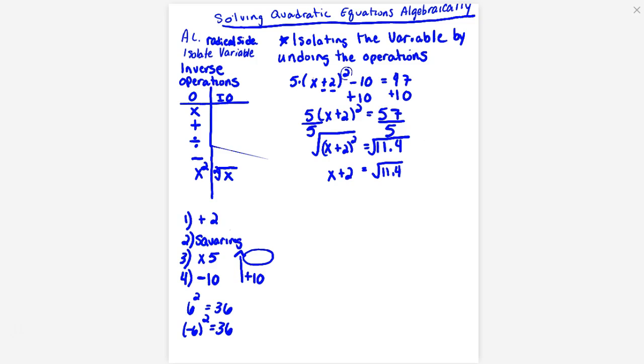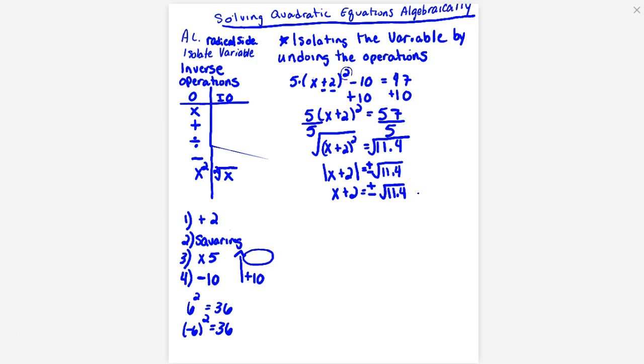But we need to make this the absolute value, because whatever is being squared can be both positive and negative. This is the cool part, and I think you remember it from last year. So what we have is x plus 2 equals positive and negative the square root of 11.4.